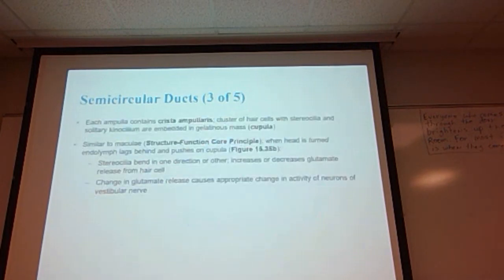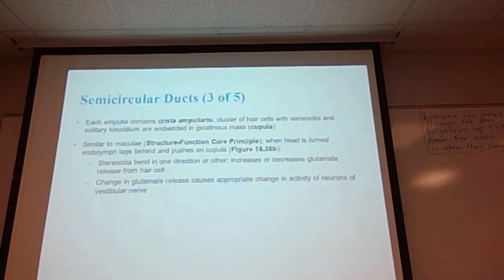Each ampulla contains a structure called the crista ampullaris, which is a cluster of hair cells. They all have stereocilia and a solitary kinocilium embedded again in a gelatinous mass. Here it's called the cupula. It is similar to the maculae found in the other portion of the inner ear.